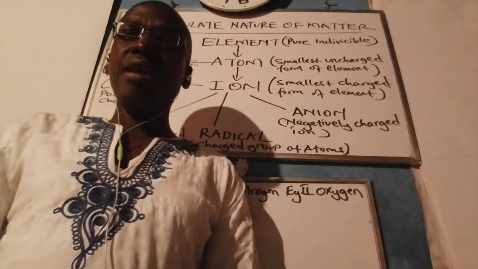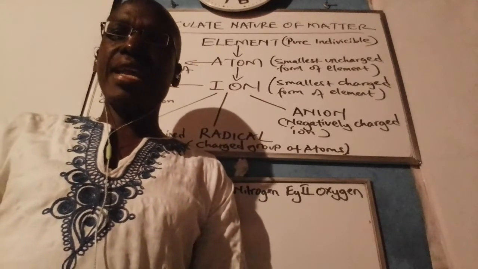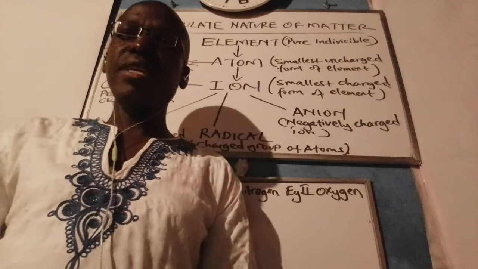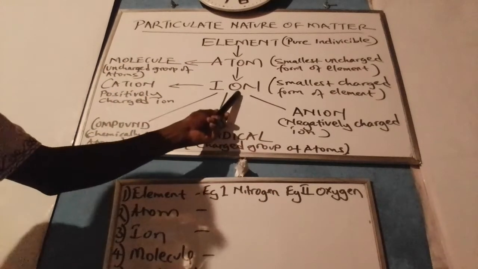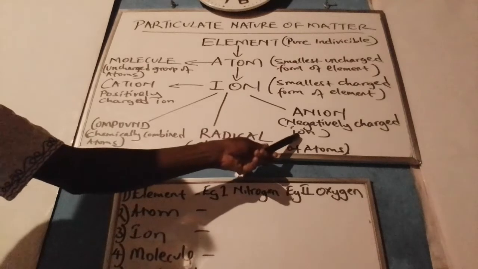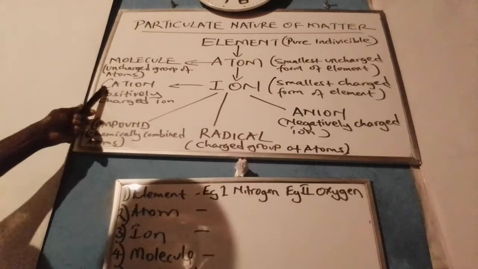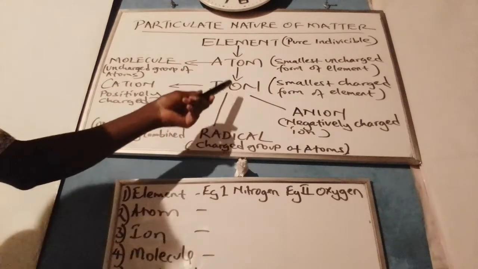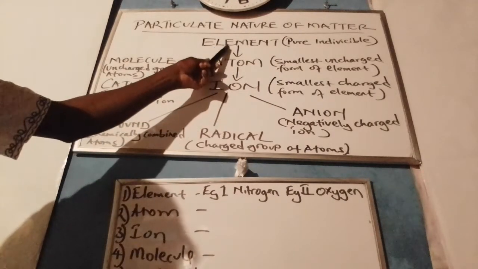As a cation, the ion is positively charged, and as an anion, it is negatively charged. So there is the ion. It forms negatively charged ions known as anions, and it forms positively charged ions known as cations. Remember, ions are derivatives of element which come from an atom.